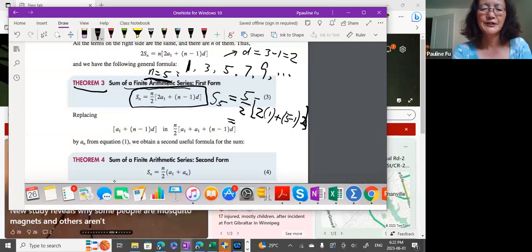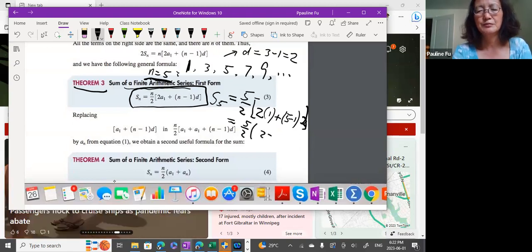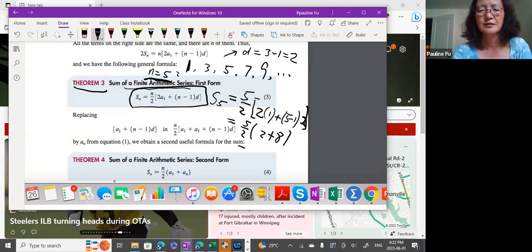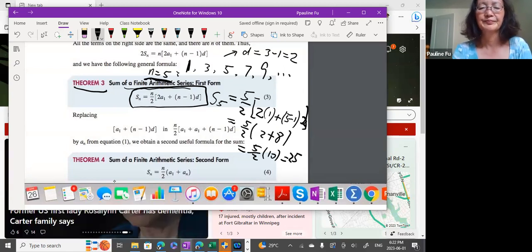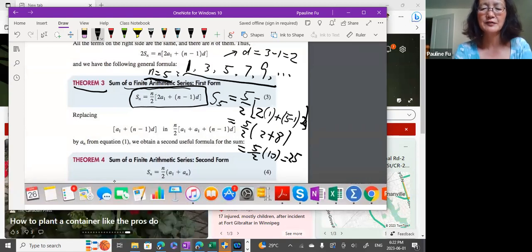So work out this expression, you get 5 over 2, and then 2 plus 4 times 2, so 5 over 2 times 10, you got 25. Okay, so if you add the first 5 items together, you got 25.